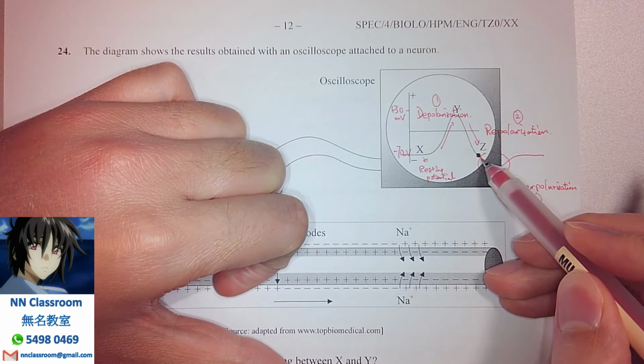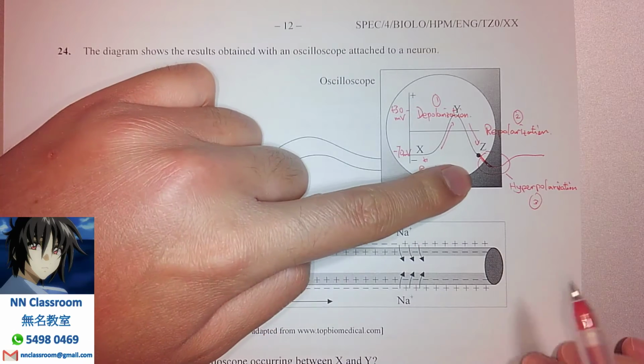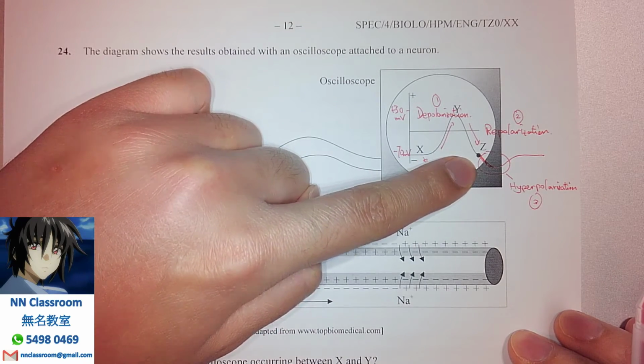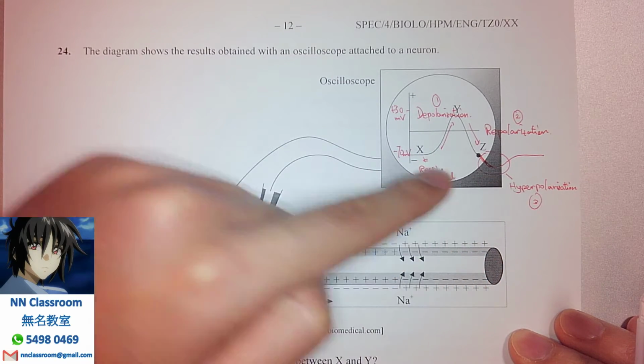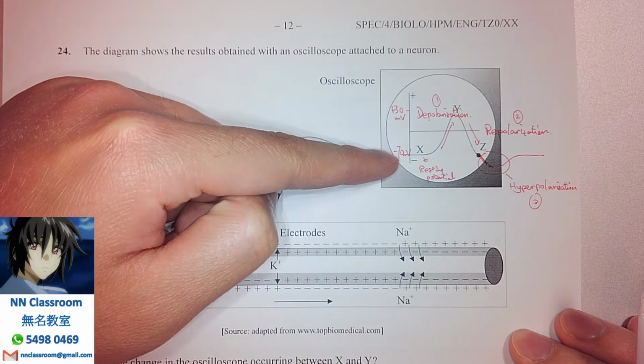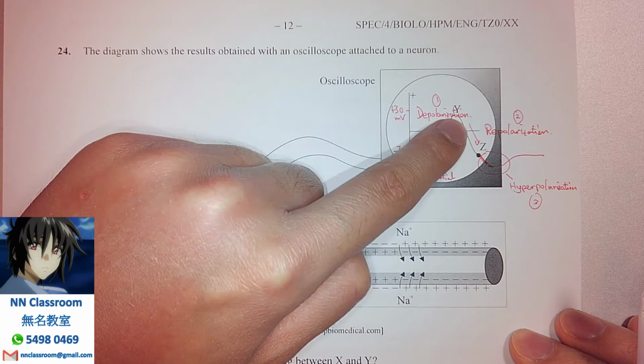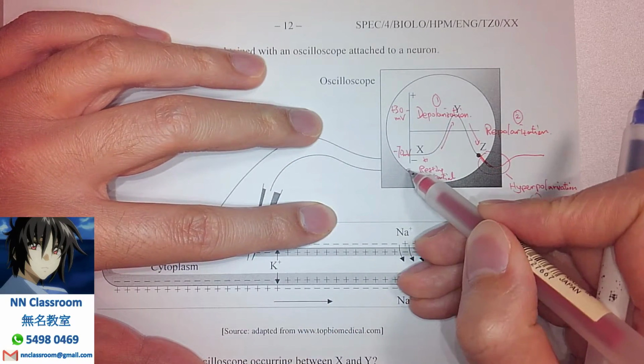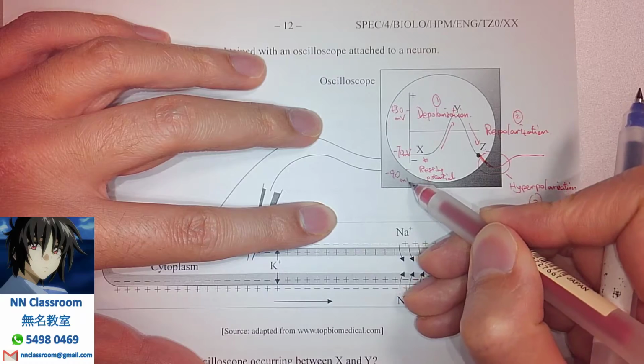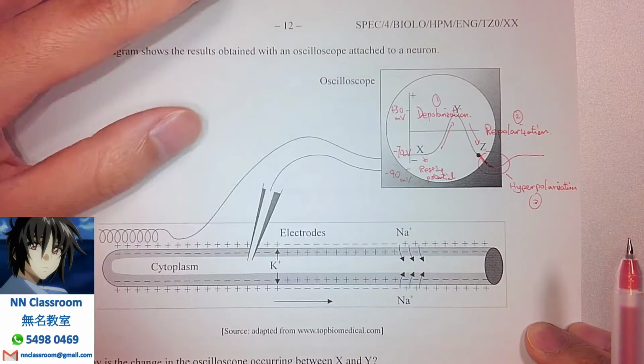But here we will first introduce it. This is going to be a hyper part. Easy to understand, right? Because you are now doing more than enough. Enough means the original negative 70 as usual, and you now go even lower, normally to an area like negative 90 millivolt in terms of the hyperpolarization.